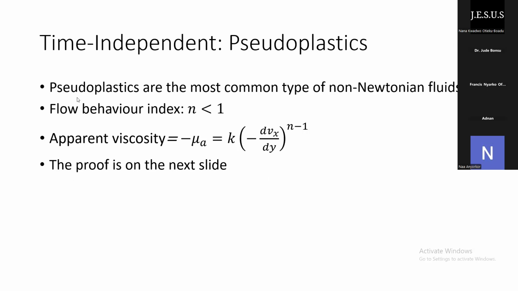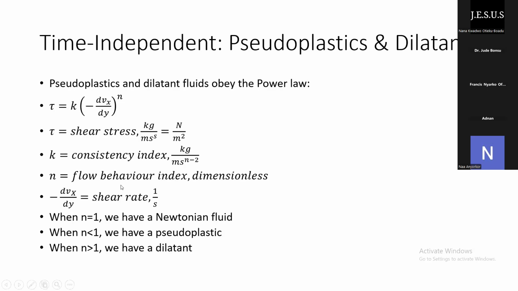So pseudoplastics are the most common type of non-Newtonian fluid. A fluid is said to be pseudoplastic when our n value here is less than 1.